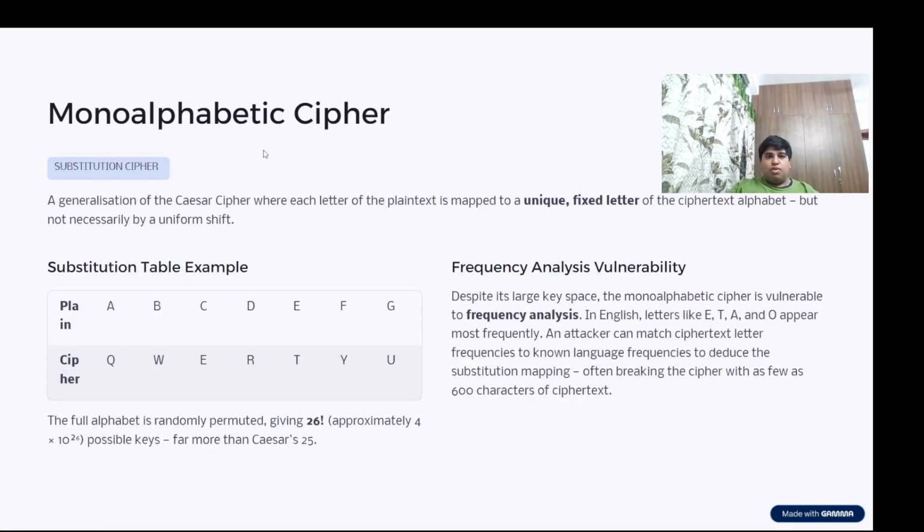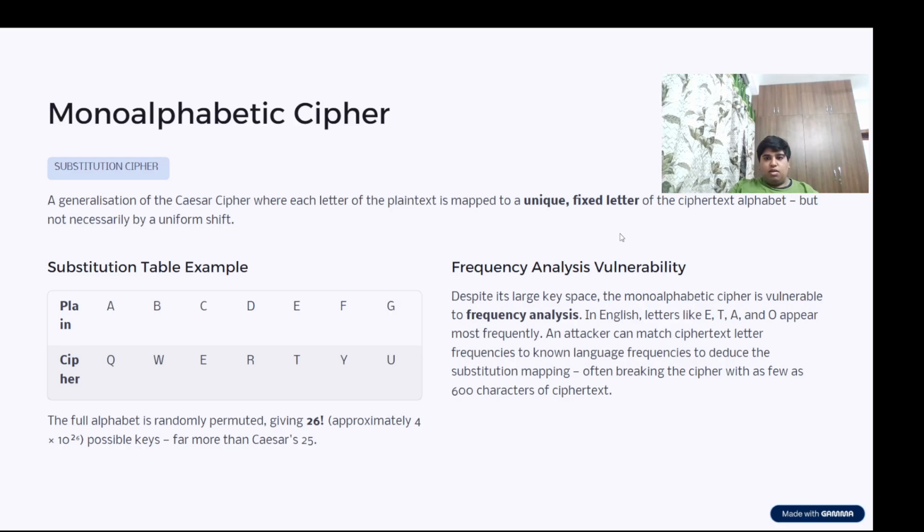Next is the monoalphabetic cipher, also referred to as a substitution cipher, which is a category of substitution cipher. It is a generalization of the Caesar cipher, where each letter of the plain text is mapped to a unique fixed letter of the ciphertext alphabet, but not necessarily by a uniform shift.